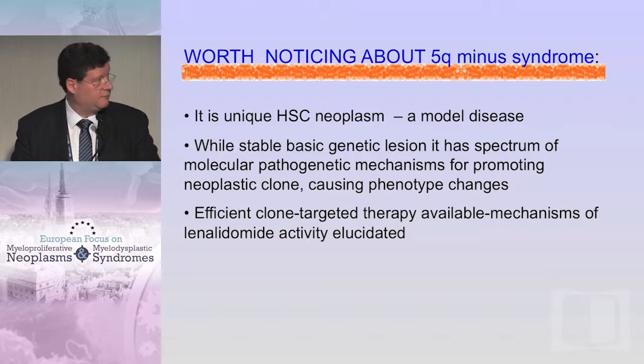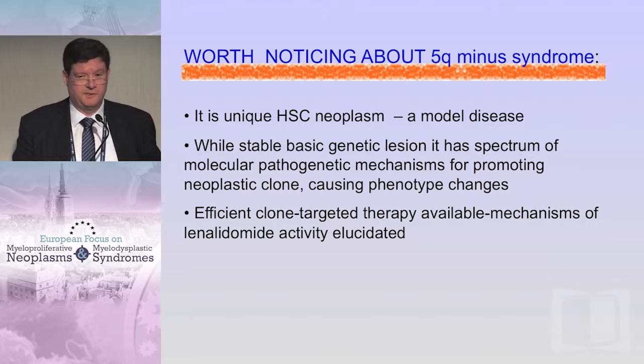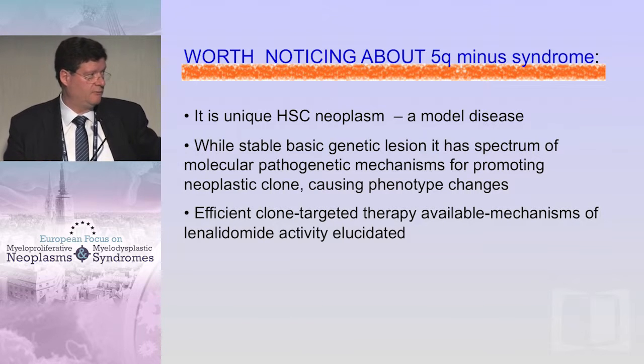Well, for the end, worth noticing about 5q minus, I would say that it's certainly a unique hematopoietic stem cell and myeloid neoplasm. It could serve as a model disease in many ways for the research on other MDSs or myeloproliferative disorders. Perhaps it has a stable genetic lesion. It has a low frequency of copy number variation and uniparental disomies.